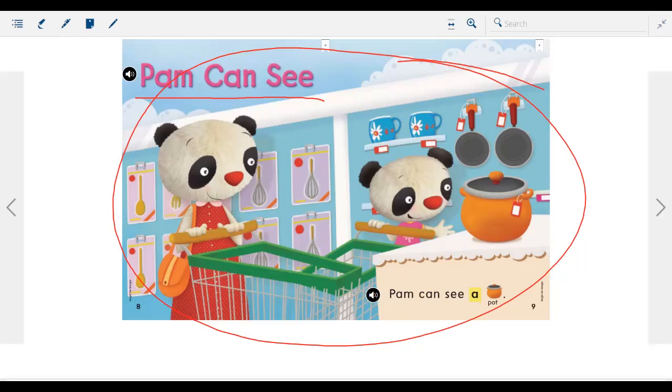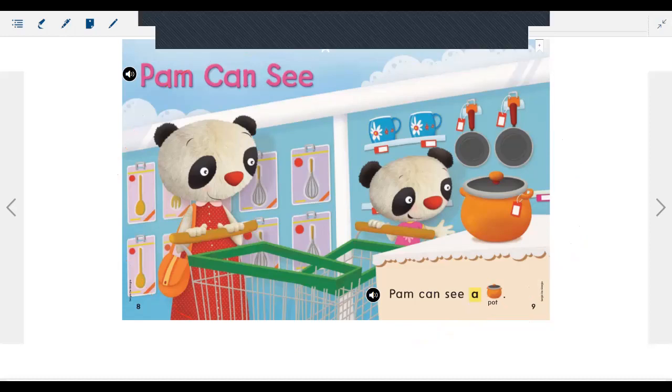On page 9 here, I want you to find the high frequency word A. Can you point to the high frequency word A? It's right there. Did you find it? Good job. All right. Let's turn the page.